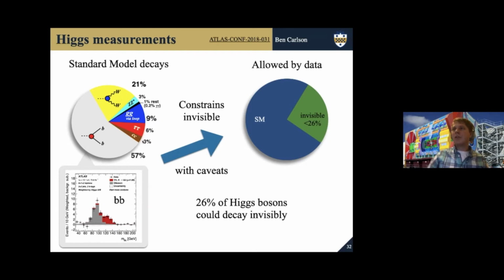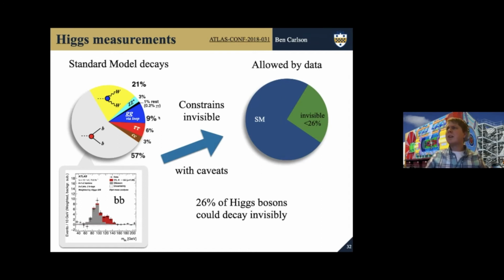It also decays to a number of other processes. So each of those comes with an uncertainty. And what you do is you allow those uncertainties to fluctuate, and you can come up with a constraint on how much of the Higgs could be decaying invisibly. So based on the measurements we have, up to 26% of the Higgs bosons could be decaying invisibly.